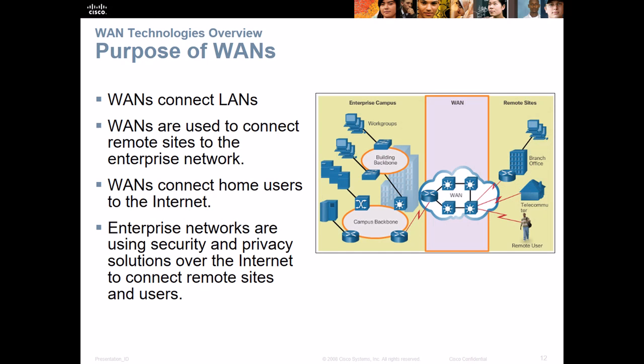When it comes to WAN technology, what is a WAN? A wide area network is the interconnection of two LANs that are in different geographic areas.